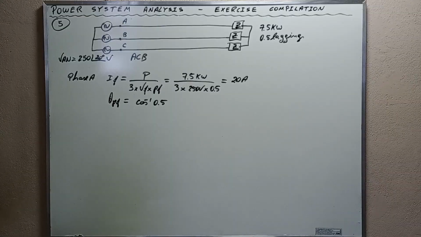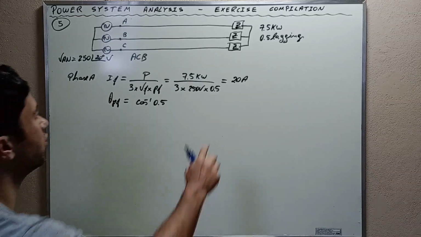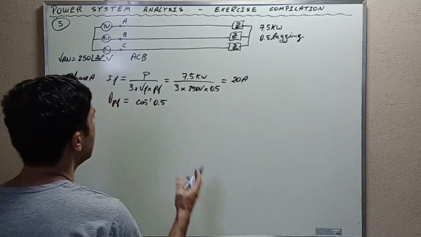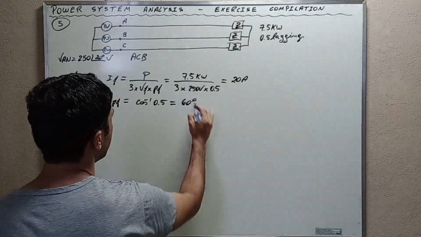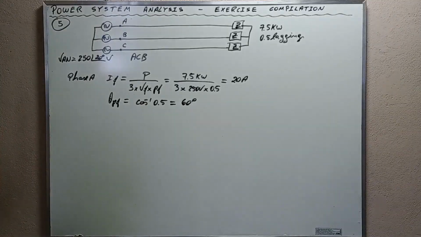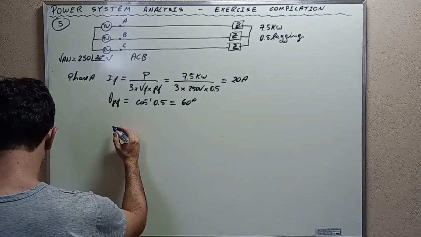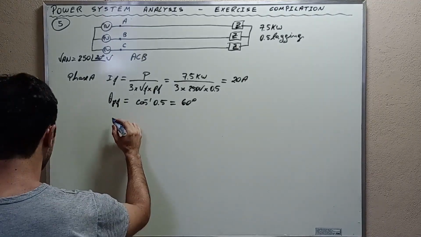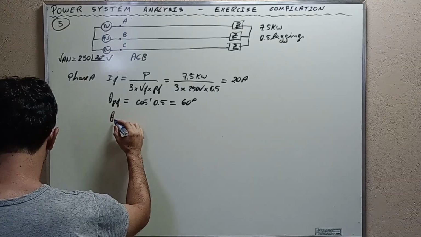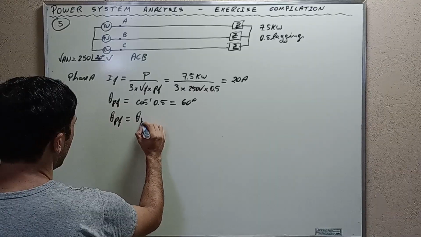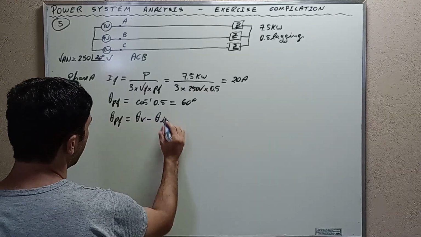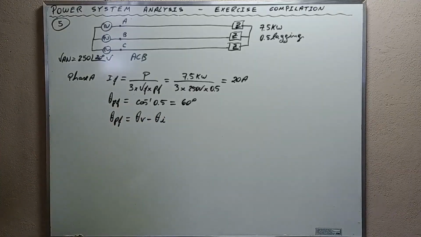The exercise said that the power factor is 0.5 lagging here, and the angle is therefore 60 degrees. Alright? Okay, this is basic.